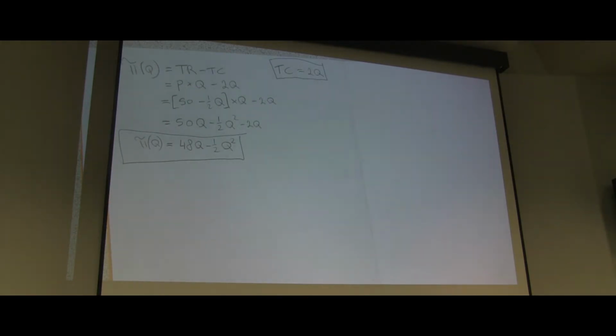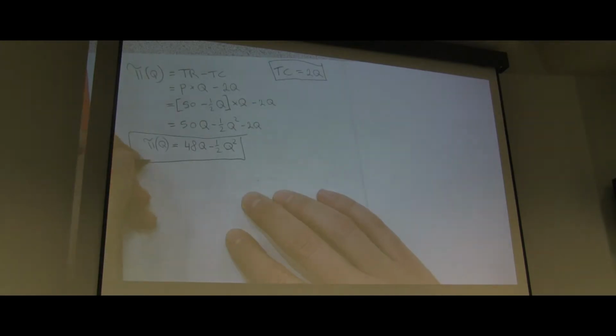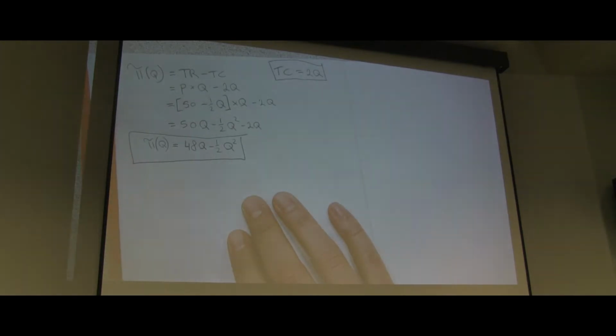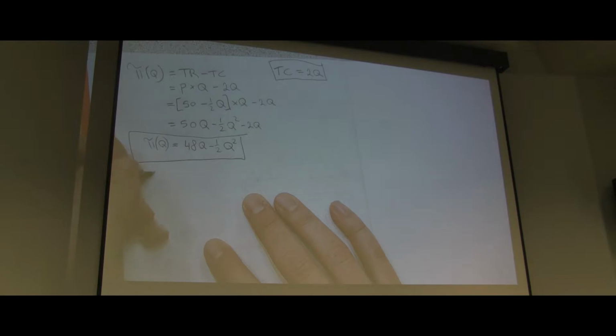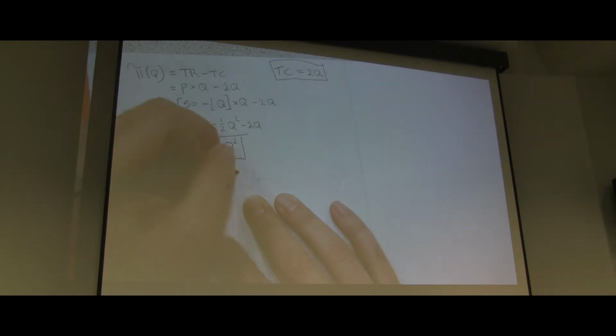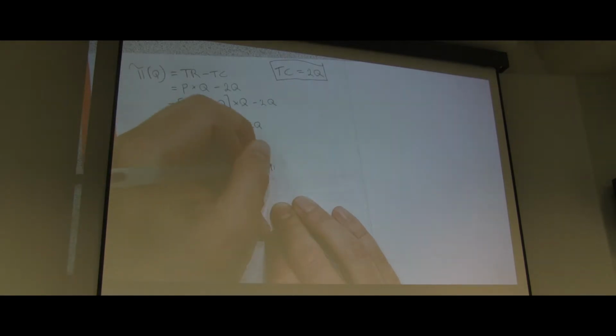Part E is to solve it. So take the derivative and set it equal to, this is a quadratic, you can see. Quadratic. So now you're going to take the derivative and set it equal to 0 to find the quantity that gives you the maximum profits. So to maximize profits, you want to set the derivative of the profit function with respect to Q equal to 0.